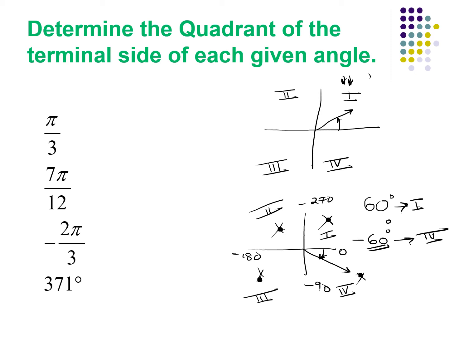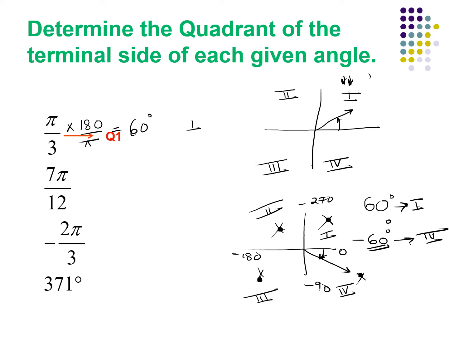So let's see one by one how we can determine the quadrants. In order to find the quadrant of pi over 3, change it into degrees by multiplying by 180 over pi, and you will get 60 degree. As we said, 60 degree lies in the first quadrant, quadrant number 1.